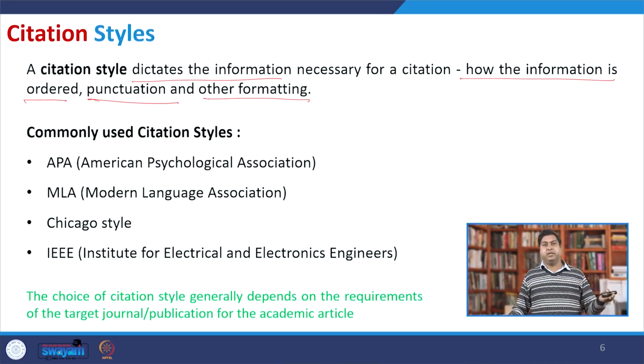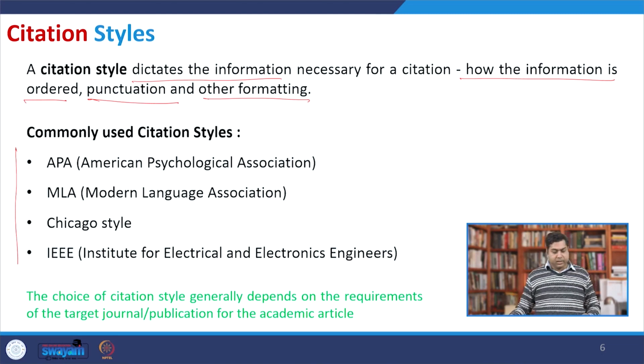So it definitely depends on the organization or the established style that we refer to. Here we will be discussing 4 of the most common citation styles that we follow in our research papers.